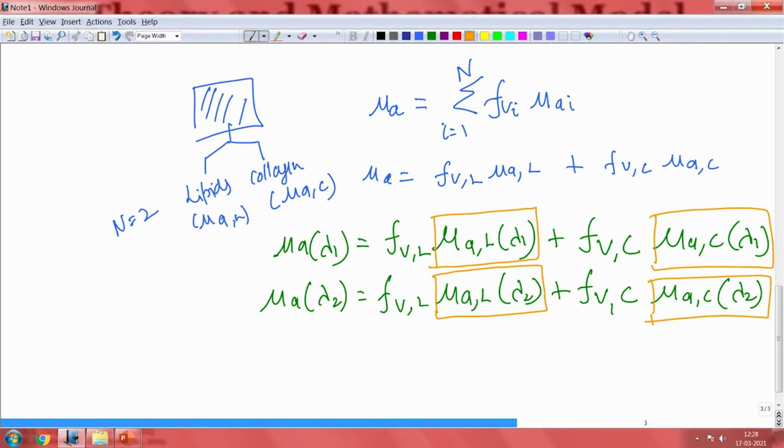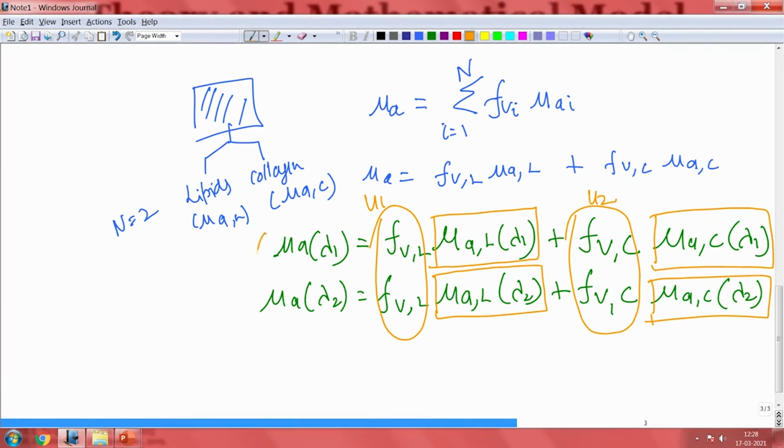What don't we know? We don't know the volume fraction of lipid and the volume fraction of the collagen. So these are the two unknowns. You have unknown 1, you have unknown 2, and you have two equations.